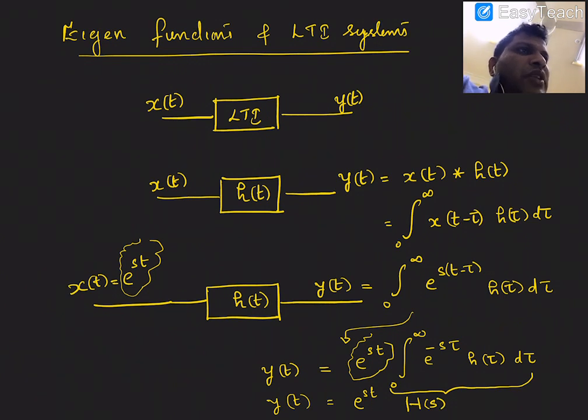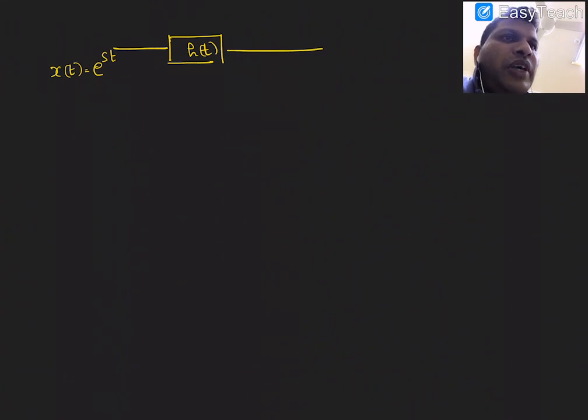So my system was like this, h of t, and I give the input e power st, that is my x of t, and I got the output y of t, which is e power st, again repeated in the input as well as the output, but scaled by a factor which is h of s.